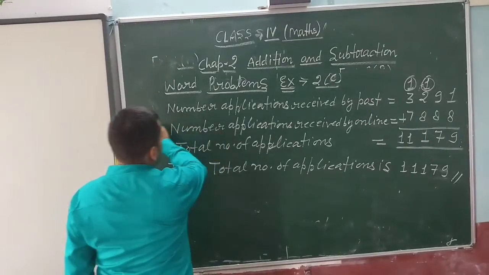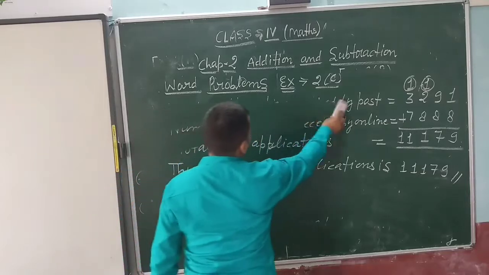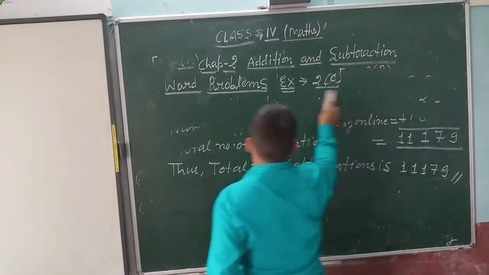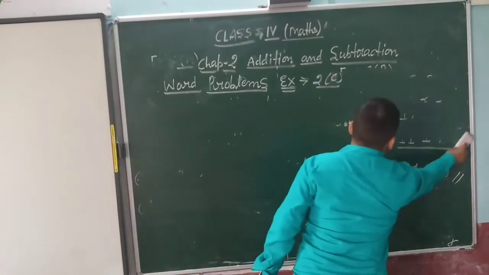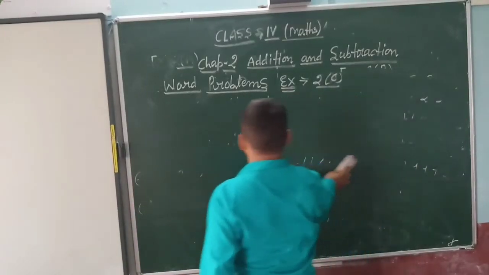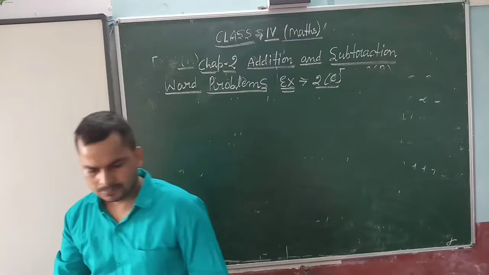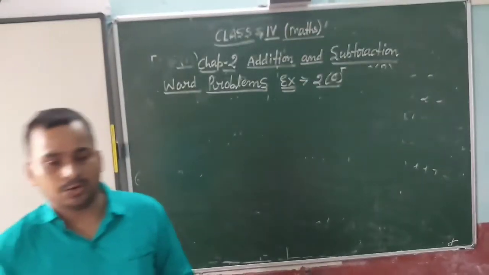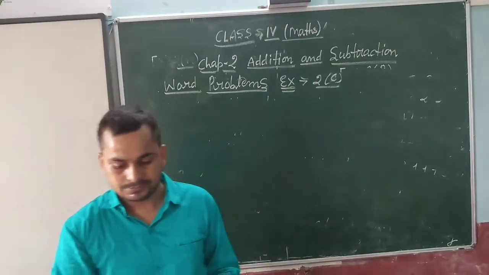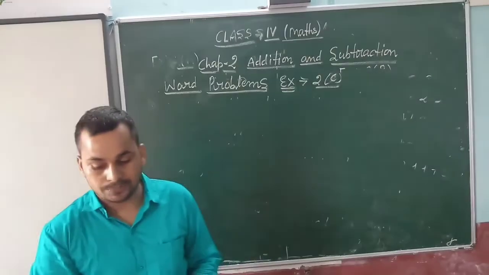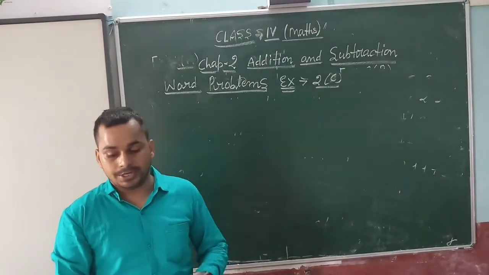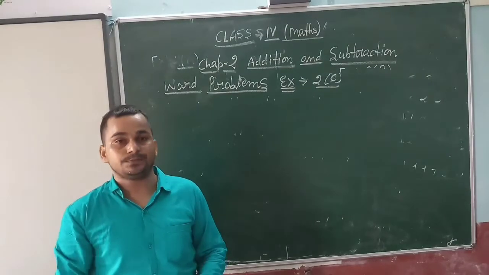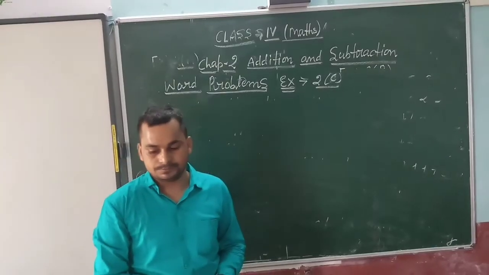Now question number 3, also a problem. There are 39,125 men and 38,500 women and 48,345 children in a town.